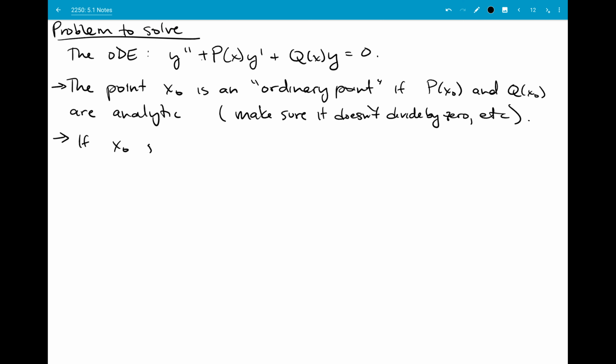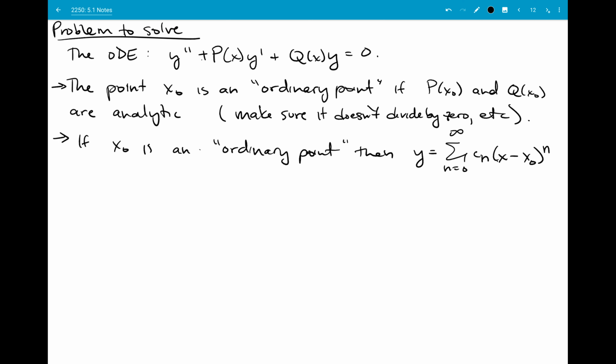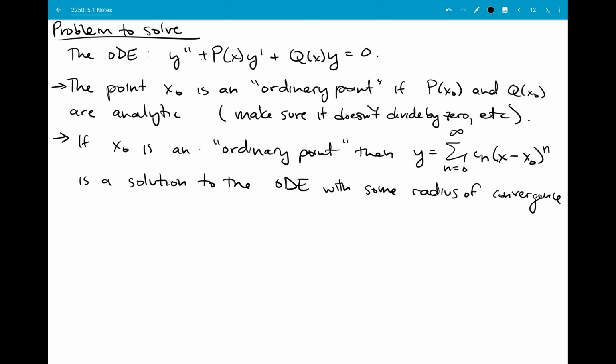If x0 is one of these ordinary points, then taking a solution y equal to the sum as n equals 0 to infinity, c sub n times x minus x0 to the nth power is a solution to the ODE with some radius of convergence, x minus x0 less than r.